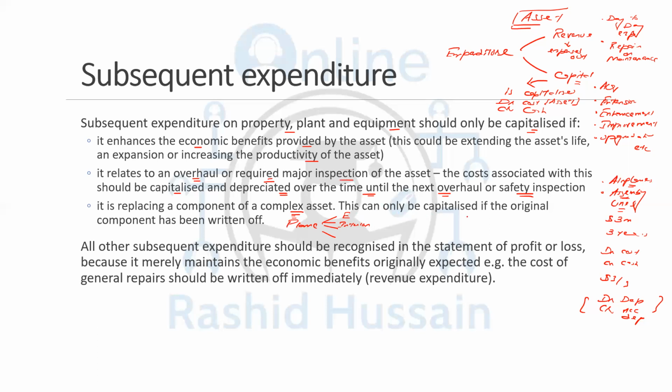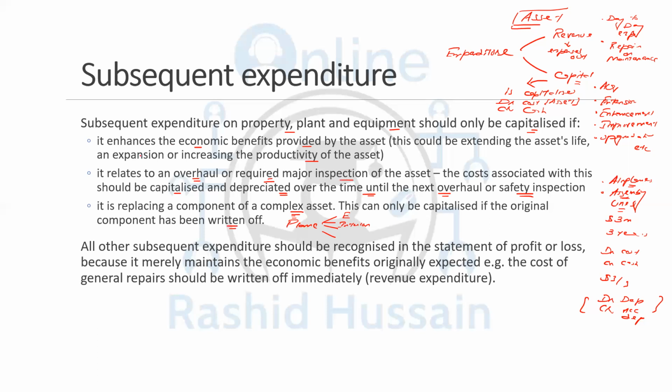It should be capitalized. But the condition for that is that the previous should be written off. And you are taking out the previous interior. You're going to write off that thing, remove that thing from the cost of the asset, and then you are going to place the new interior into the cost of the asset. So the condition is that you have to remove the previous and then you are able to capitalize the new one.